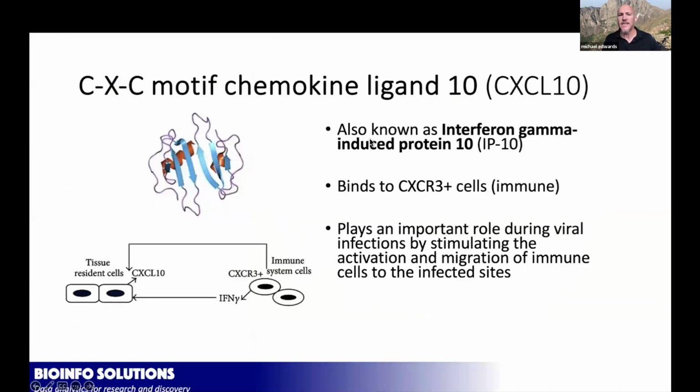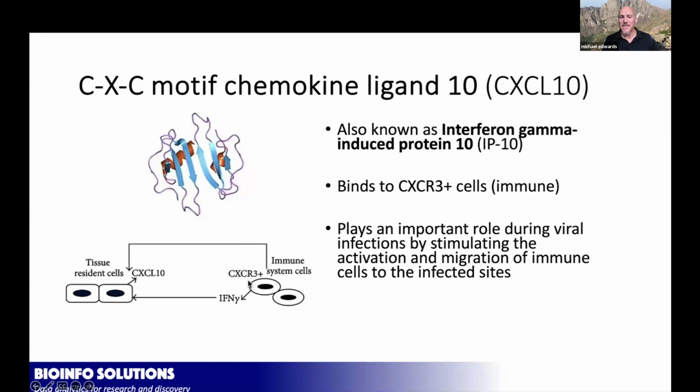CXCL10 is a chemokine. It's also known as interferon gamma-induced protein 10, IP10. When a cell gets infected, it shoots this cytokine out into the extracellular environment as an SOS saying, help me.